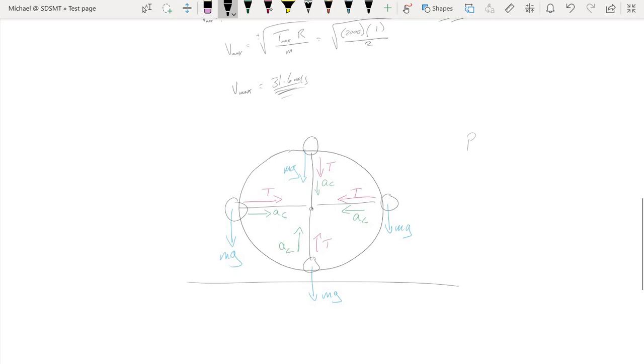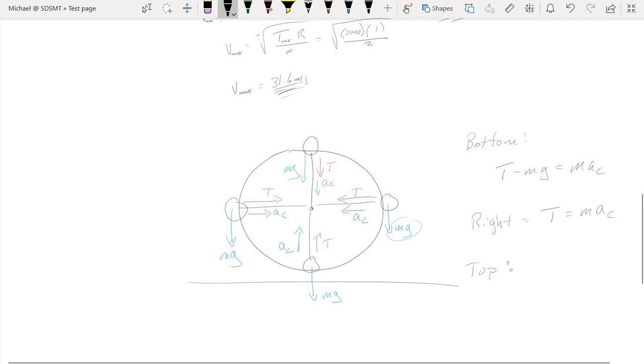And I'm just going to go ahead and write these out. We've basically already seen these written out once for the normal force scenario. But at the bottom of the swing, we would have tension minus mg equals m a_c. At the right, the weight does not contribute to the direction of the centripetal motion, and so all we have is T equals m a_c.